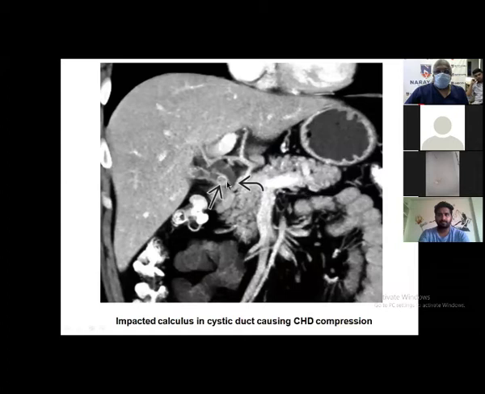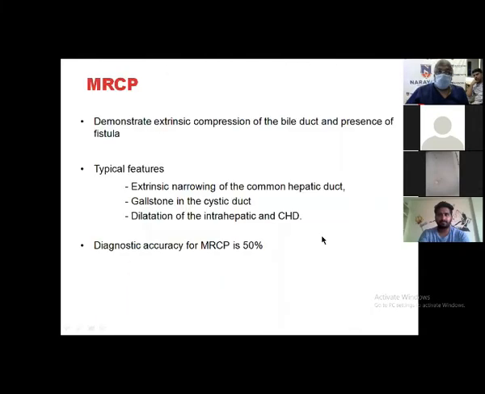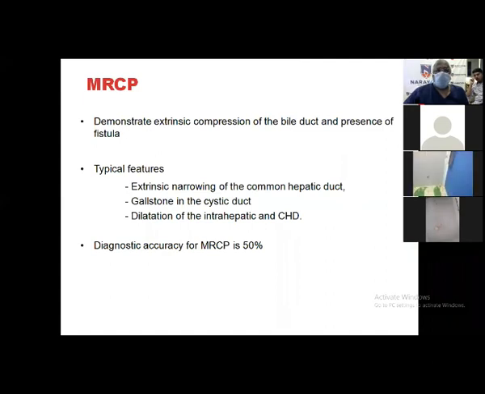You can see a stone impacted in the gallbladder neck, pressing on the common hepatic duct. That is what it is. The MRCP demonstrates an extrinsic compression of the bile duct and presence of a fistula. Typical features: extrinsic narrowing of the common hepatic duct, gallstone in the cystic duct, dilatation of the intrahepatic and common hepatic duct.